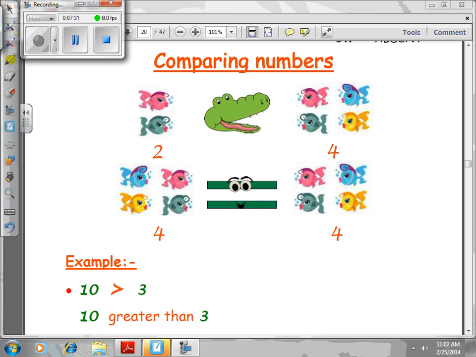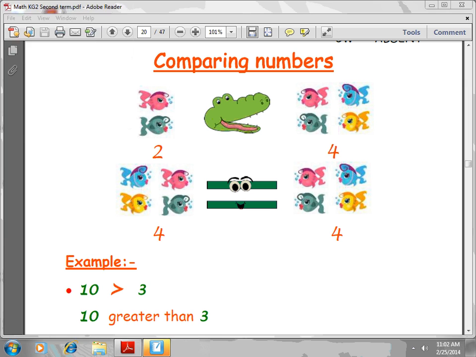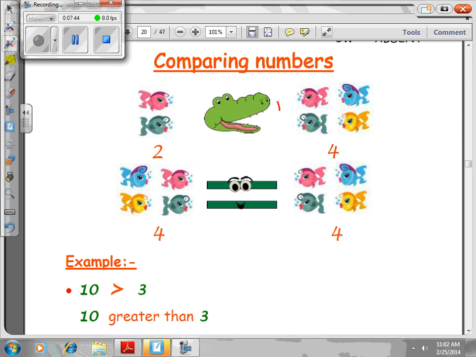Now let's move to revise another lesson. Who remembers the alligator and who remembers the mouth of the alligator? We said before that this alligator in front of you is very hungry. And when the alligator is hungry, do you think the alligator is going to eat the bigger number or the smaller number?